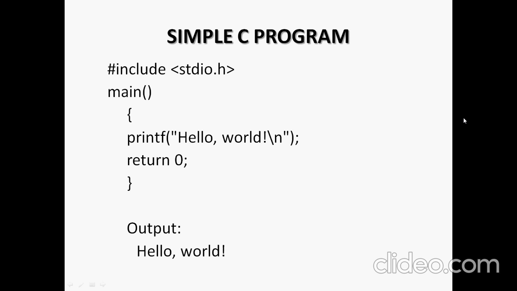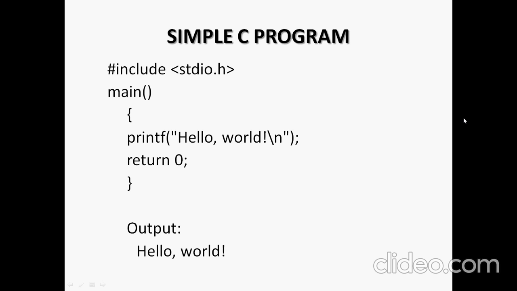These two braces associate with main. In between the opening and closing brace I have a printf statement. It is an output statement. In double quotes I have written hello comma world. Hello world will be the output, and \n is the newline character.